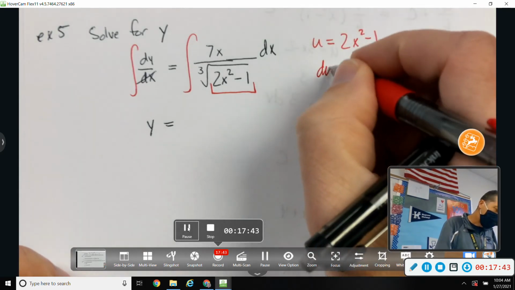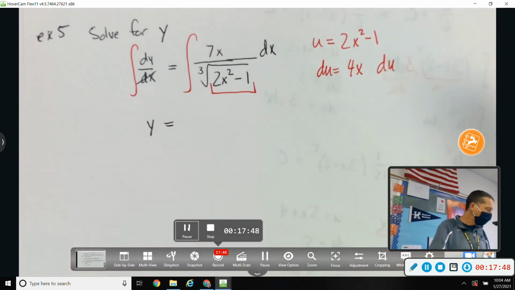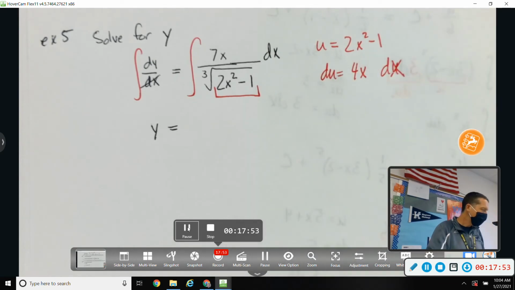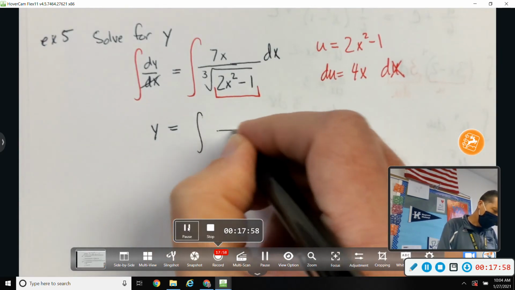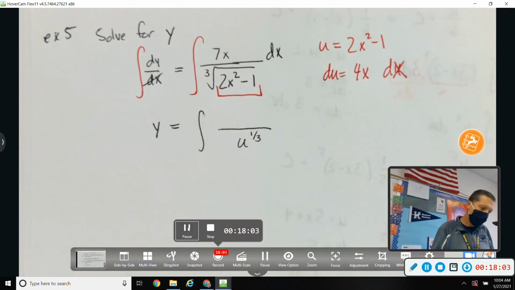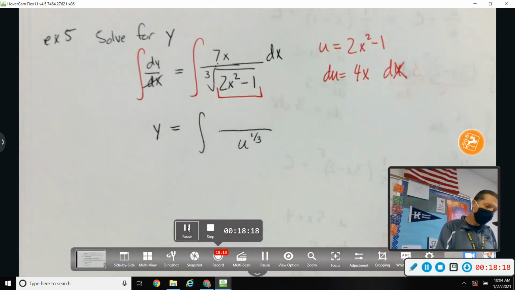So du then would be 4x dx, excuse me. Let's see. So I've got u to the 1/3 in the bottom now. Took care of that. That 7 is kind of messing with me here. Rather than figure out what I have to multiply 7 by to get to 4, you can do it that way.